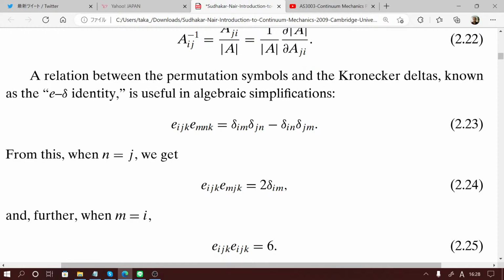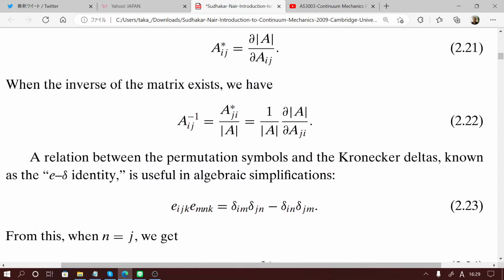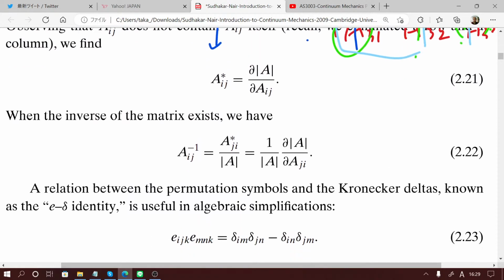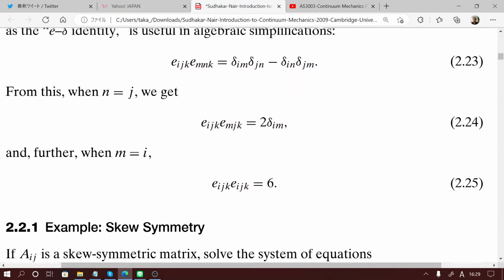From this, when n equals j, we get epsilon ijk epsilon mjk equal to 2 delta im. And further, when m equals i, epsilon ijk epsilon ijk equals 6. I don't know where we prove this.